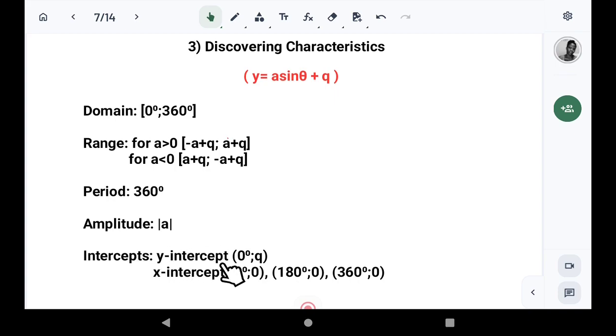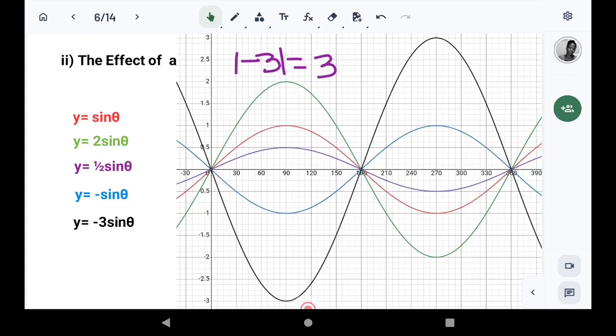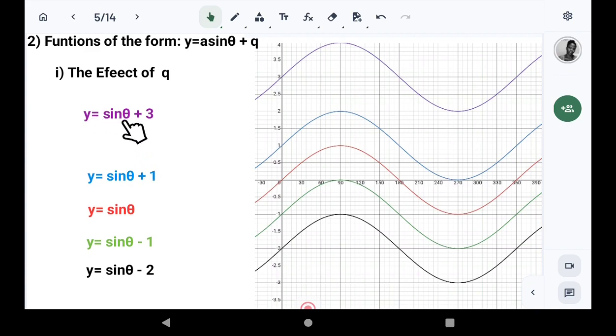Intercepts: your y-intercept will be at 0 degrees and q. Depending on your q, that's what your y-intercept is going to be. For example, with y equals sine theta plus 3, the y-intercept was at 3. Y equals sine theta minus 2, the y-intercept was negative 2.